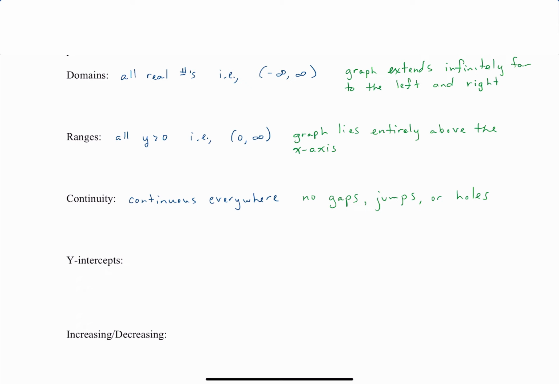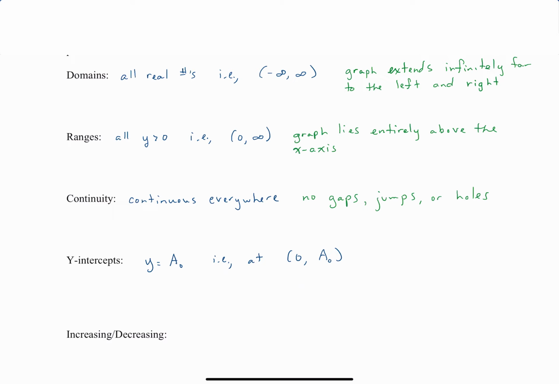Now, the y-intercepts in both of these cases are at y equals a sub 0. In other words, at the point 0, comma a sub 0. Because remember, y-intercepts always have the x-coordinate 0, because if you're on the y-axis, your x-coordinate has to be 0.